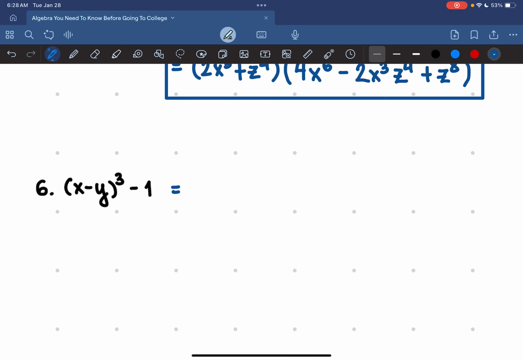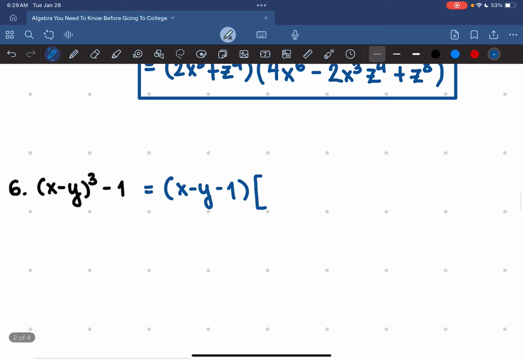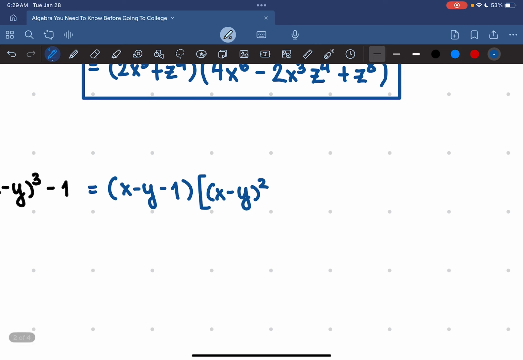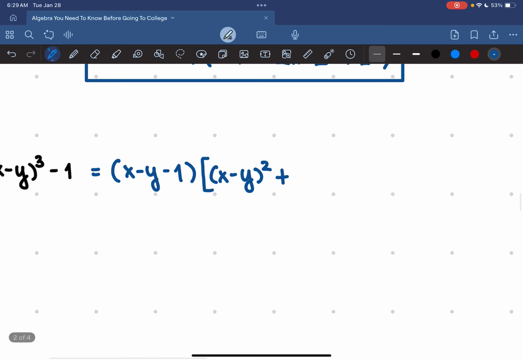So by doing that, we'll have x minus y minus 1 times the square of the first one, so x minus y squared. Then again, opposite, this one is minus, this must be plus, so we'll have x minus y times 1 plus the square of the last one, which is essentially just 1 squared.